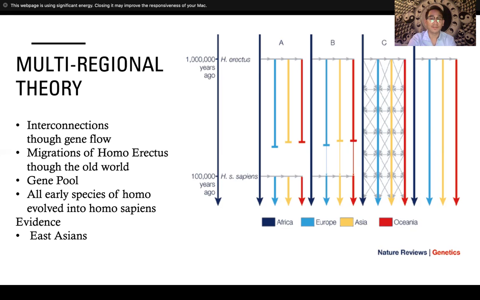East Asian features such as flat faces and thickened enamel on the back and side edges of the incisors, which is the top two and the front four teeth, the top and bottom also, which is known as shovel-shaped incisors. Additionally, in Southeast Asia, over time, there have been notable projecting faces and somewhat flat foreheads, mimicking the features of Neanderthals.